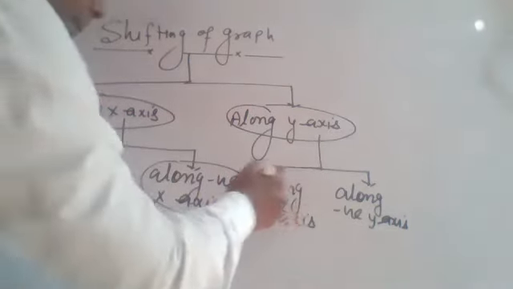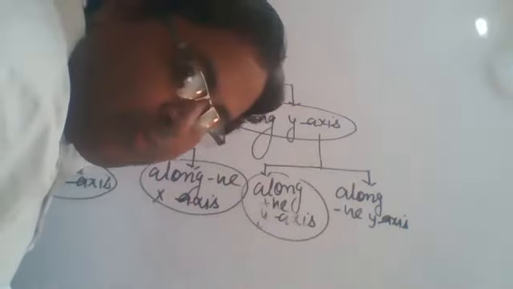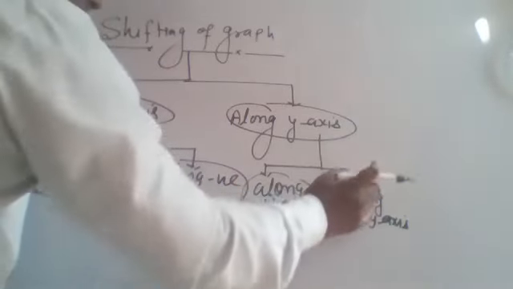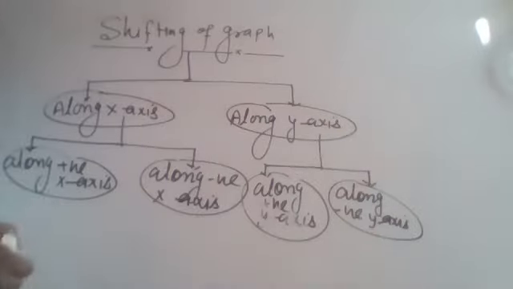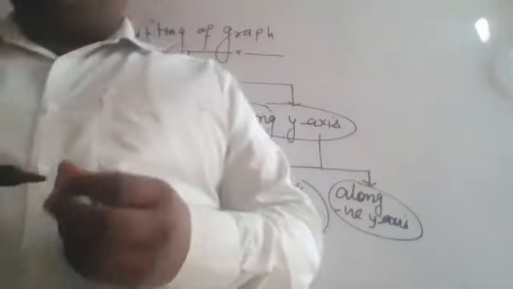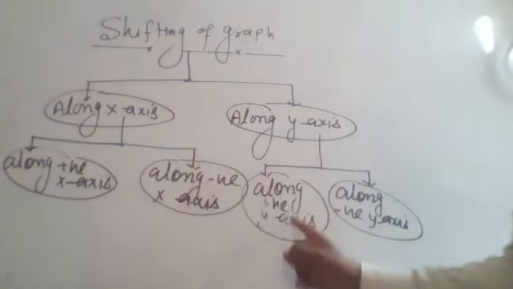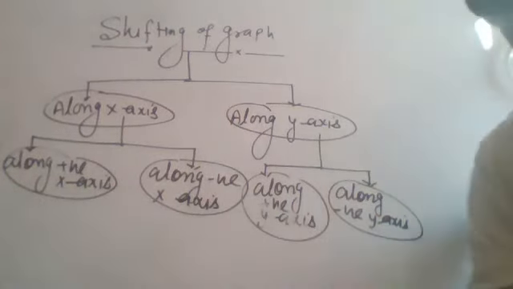And in the y-axis also there are two sides, positive y-axis and negative y-axis. It means there are these four positions on which we can shift the graph.